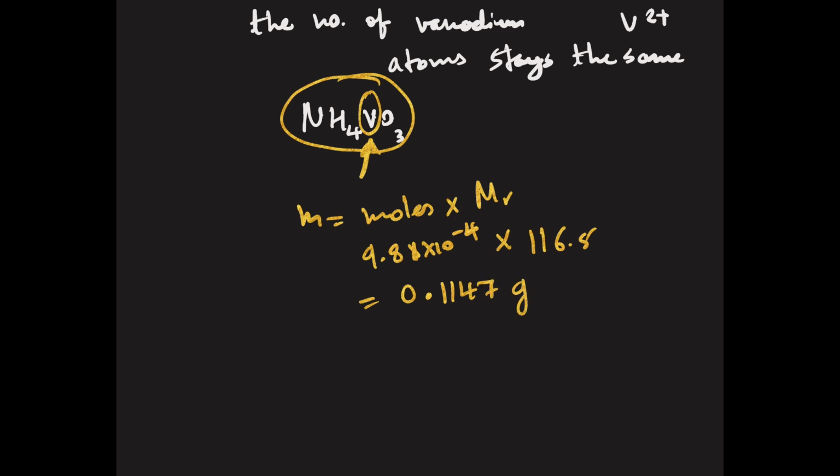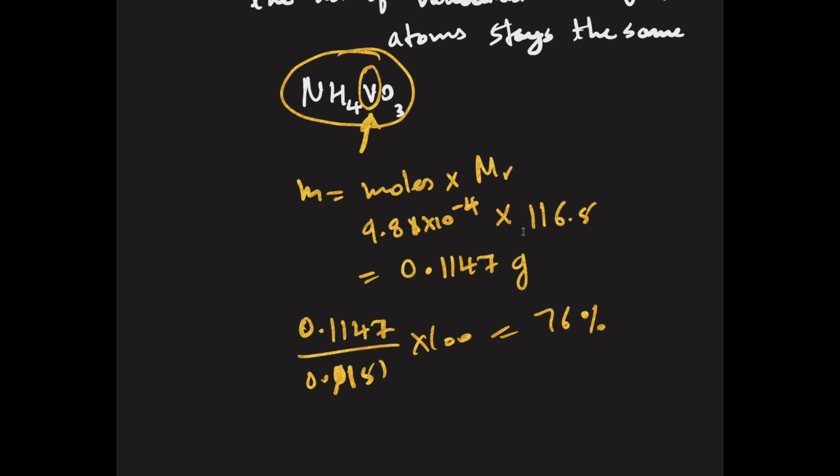This is the pure NH₄VO₃, and now you simply divide 0.1147 over 0.151, times by 100, and that gives you 76% percentage purity of the substance.